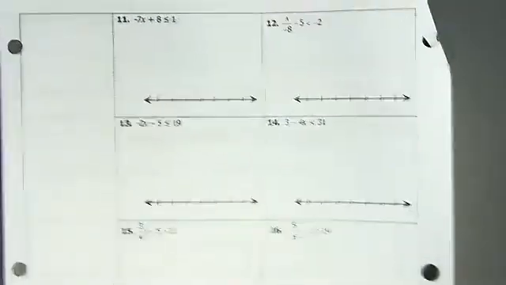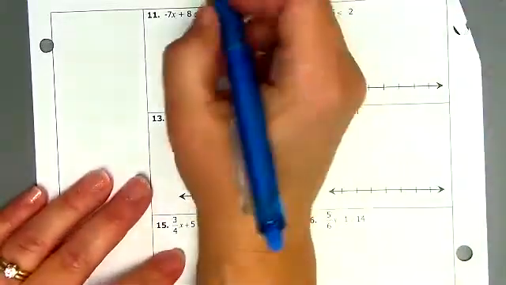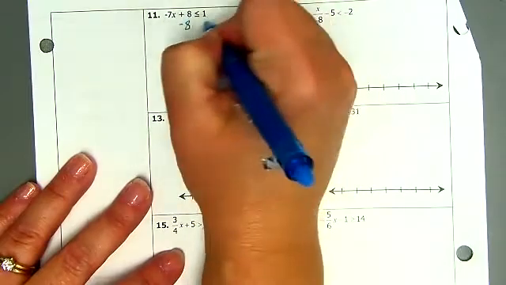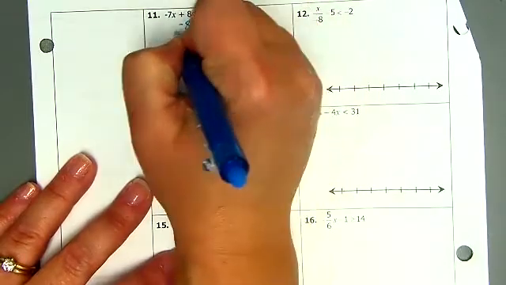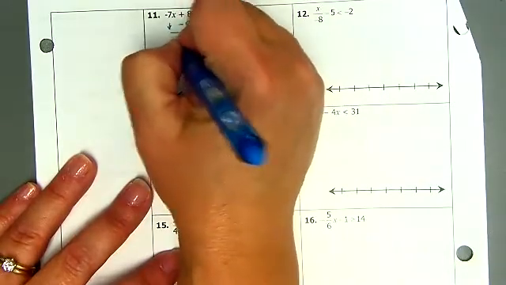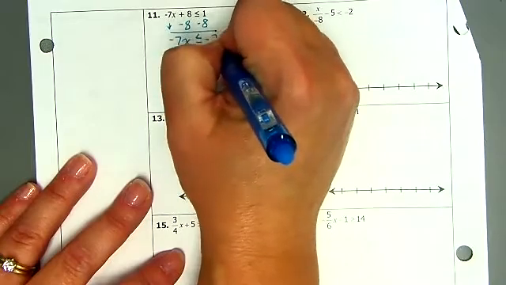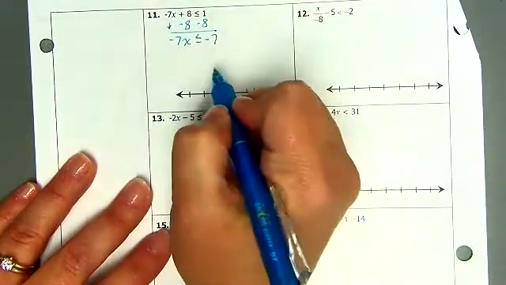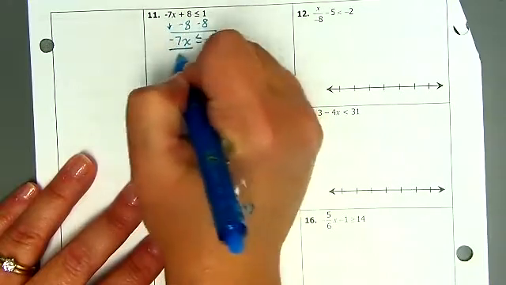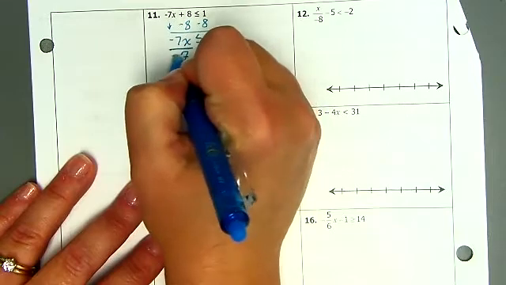Number 11. All right, so I'm just solving a two-step inequality. I'm going to subtract 8 because I'm adding 8 to the -7x. I'm just subtracting so I don't flip the inequality symbol. And I bring this down and I have -7x is less than or equal to -7. Now, here is where I'm multiplying by a -7, so I divide by -7 to both sides to undo that multiplication.